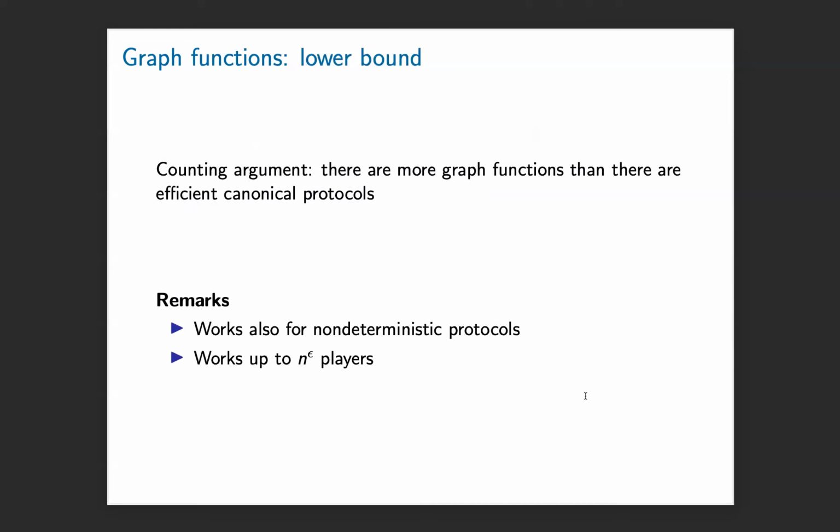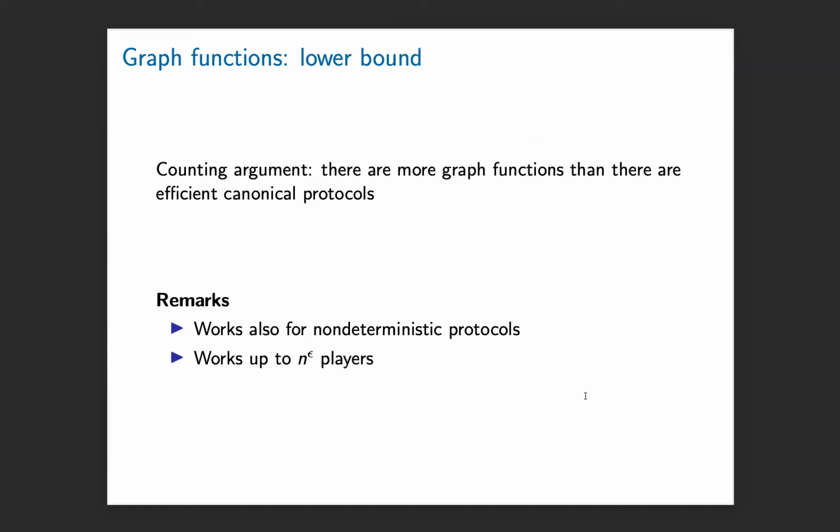Okay, and then we just use a counting argument. There are more graph functions than there are these efficient canonical protocols. Some remarks on this argument. This also works for non-deterministic protocols. If we have the presence of a prover that sends a proof, then we can still do the same thing.